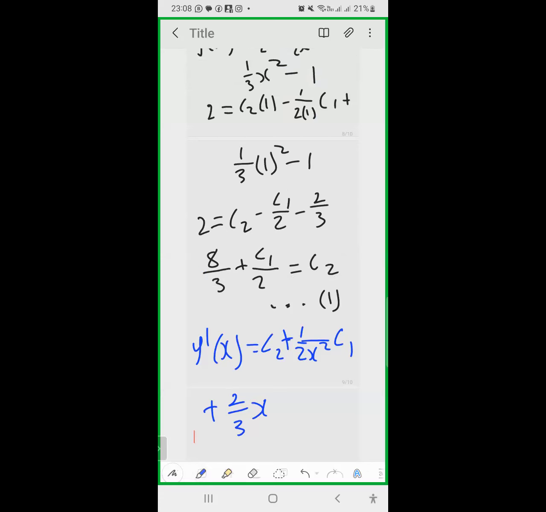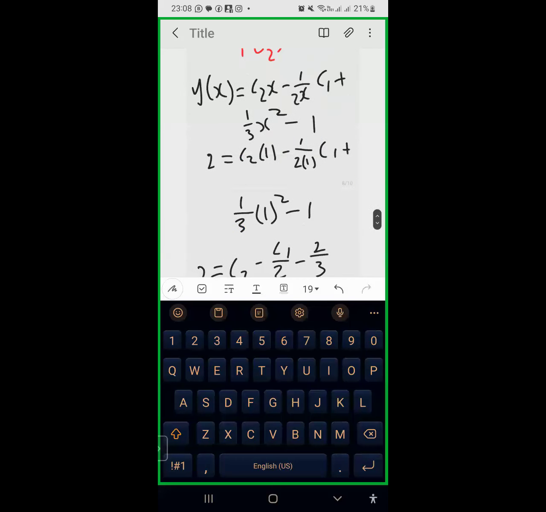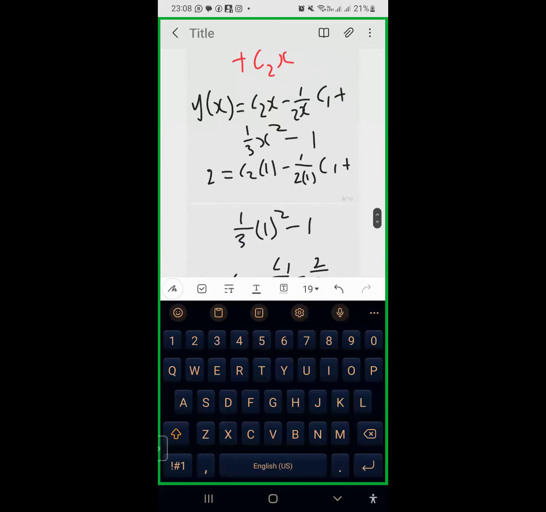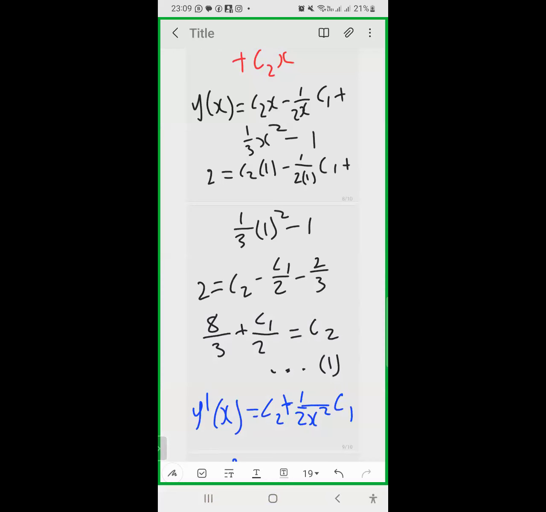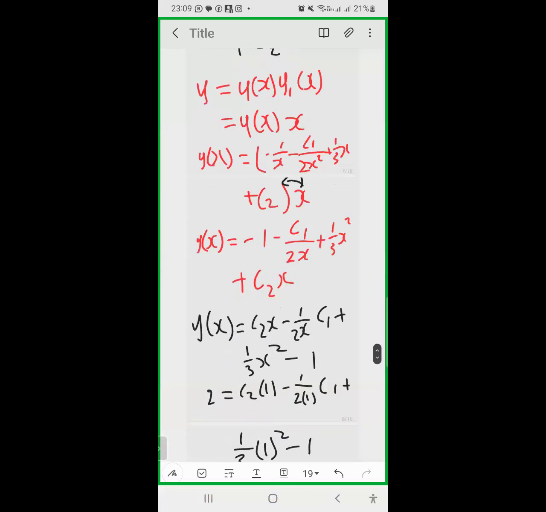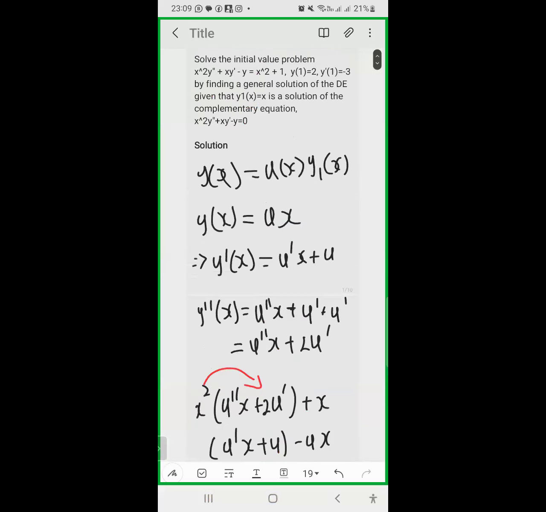And now we're going to substitute our initial value, which is given as y prime of 1 equals minus 3.